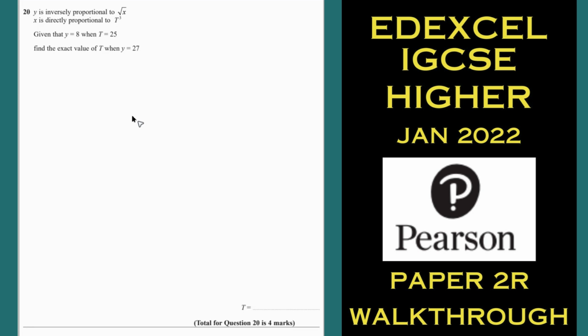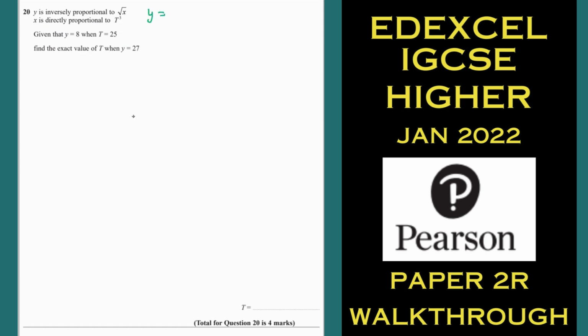Number 20 is quite a tricky, but don't give up on it. One way you've got to do connected proportion, in other words, sub one into the other. What does the top line tell us?